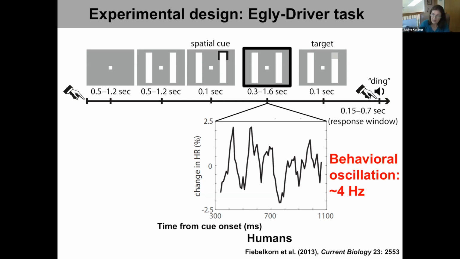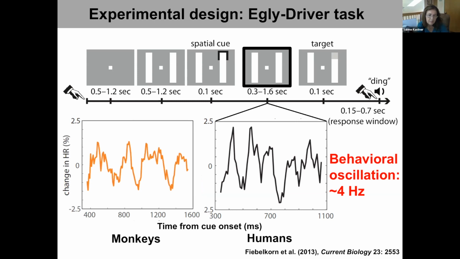But to my surprise, we saw the same behavioral oscillations. These are now examples from monkeys of these oscillations, again the hit rate as a function of the cue target interval. In this Egly-Driver task, not only is the peak frequency of about 4 hertz similar, these peaks and troughs of behavioral performance are remarkably aligned in time.